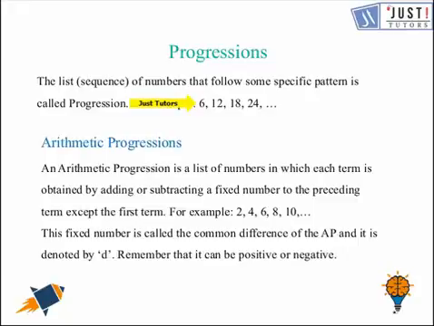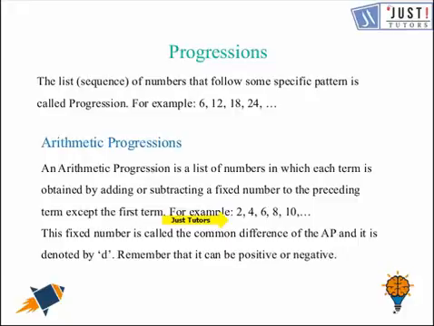Now let's see what is an arithmetic progression. Arithmetic progression is a series or sequence of numbers in which each term is obtained by adding or subtracting a fixed number to the preceding term except for the first term. So for example, 2, 4, 6, 8, 10, that's a given arithmetic progression or AP, where the first term is 2 and the difference between each term is 2 again.